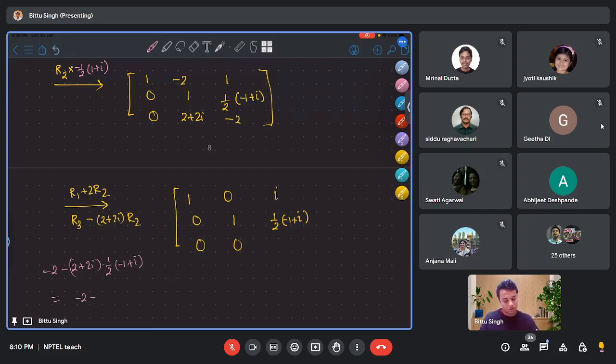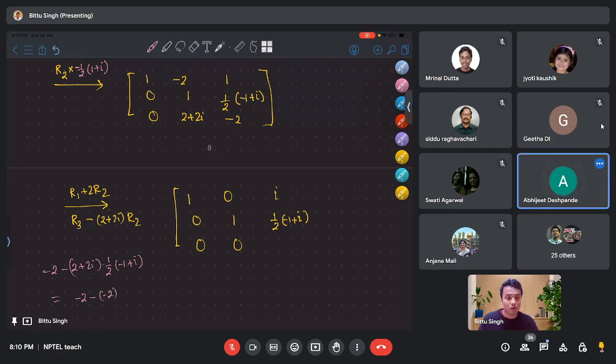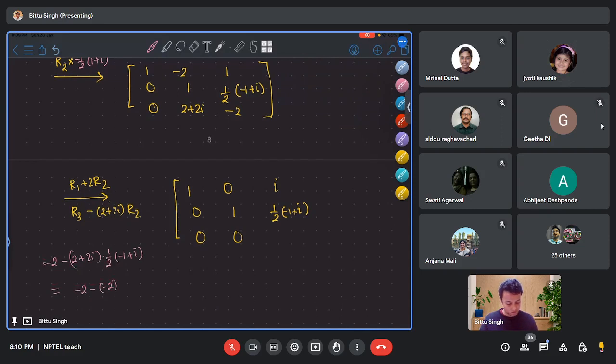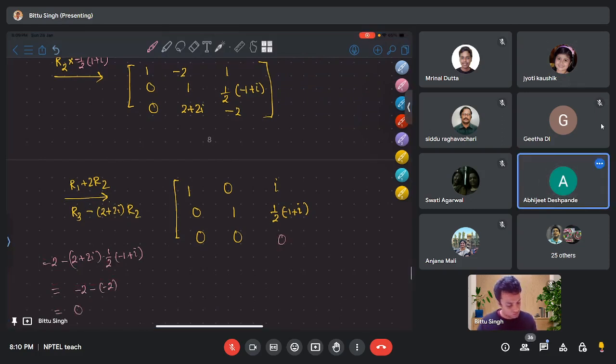This is same as 1 plus i into minus 1 plus i. That is minus 2. What will be this? 1 plus i into minus 1 plus i is same as minus 2. Okay, this is 0 actually. Yes.